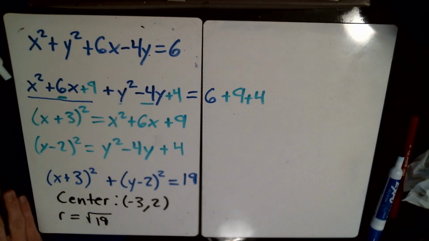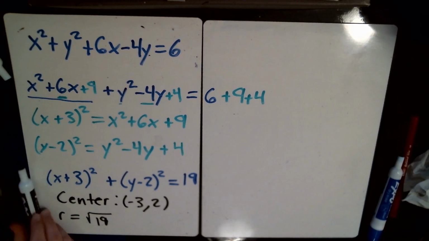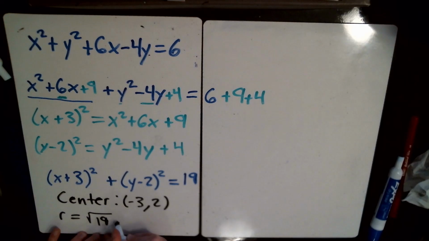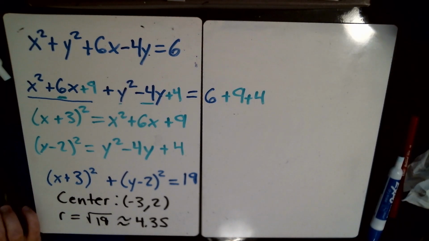Let's maybe figure that out. Square root of 19. It looks like it's about 4.35. Okay, so that's our nice equation of the circle, and we found the center and radius.